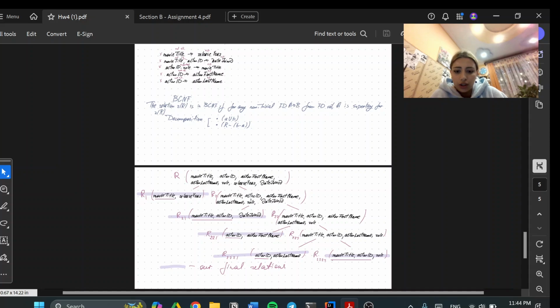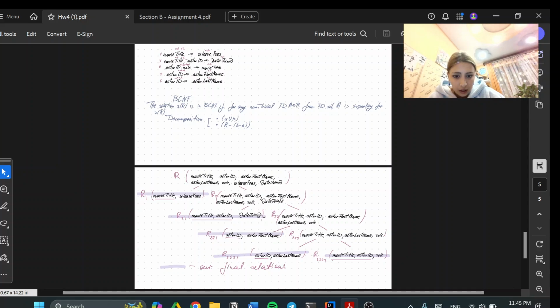So the next operation we'll do on R2. Movie title and actor ID, the left hand side, we take as primary key of R21, and date joined will be the other part of R21. Everything else except date joined will be R22. The next row that is wrong is actor ID to actor first name.